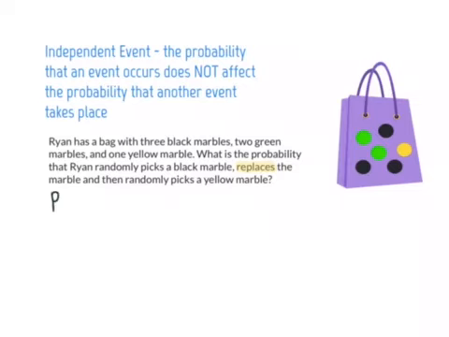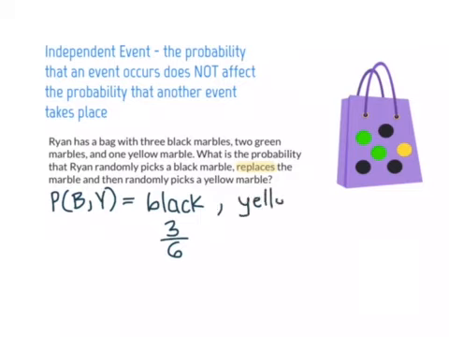So I'm going to write the probability of first getting black and then a yellow marble. The probability of getting a black marble is 3 out of the total of 6. Then for the yellow, say we take that black marble out of the bag, notice it's black, and then put it back into the bag.